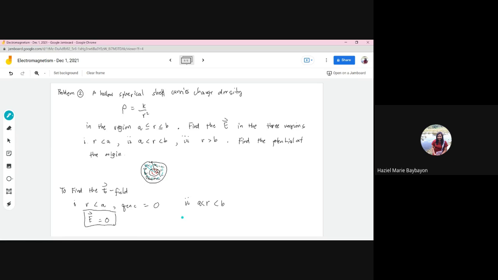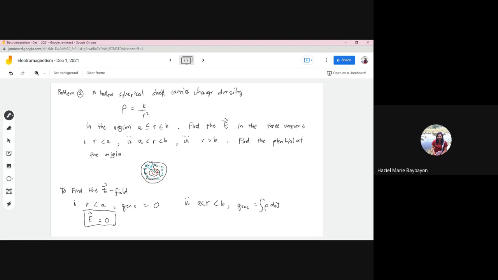In order to solve the electric field at region 2, you need to note that at this point, your Q enclosed is not the total Q. It is equal to the integral of rho d tau.